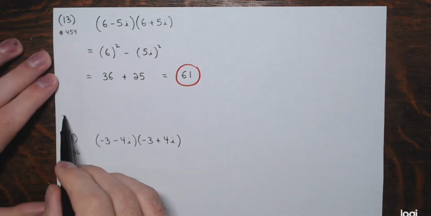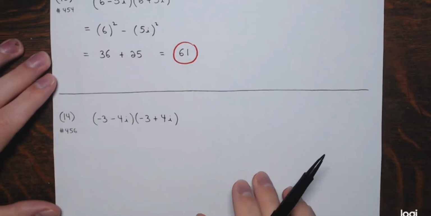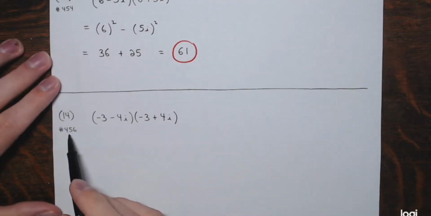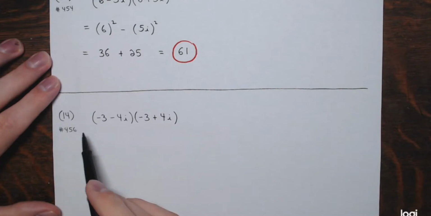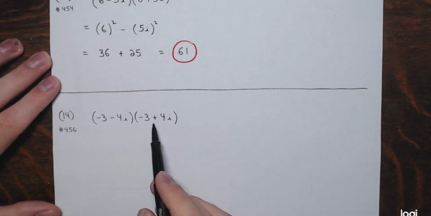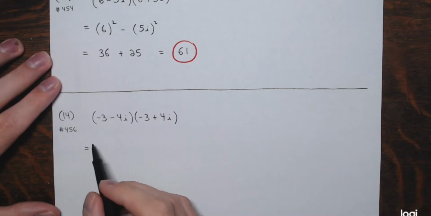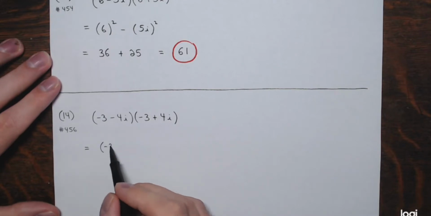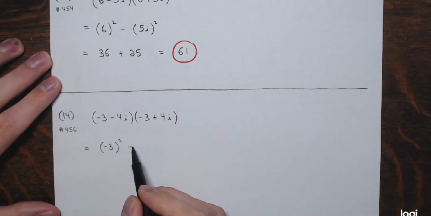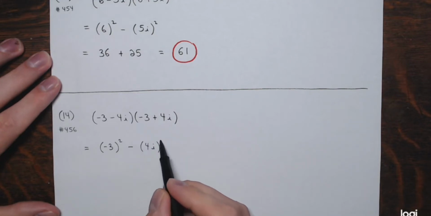And finally, the last question here, last example, number 14, exercise 456. Negative 3 minus 4i times negative 3 plus 4i. Again, we have conjugates. So this is going to be negative 3 squared minus 4i squared.